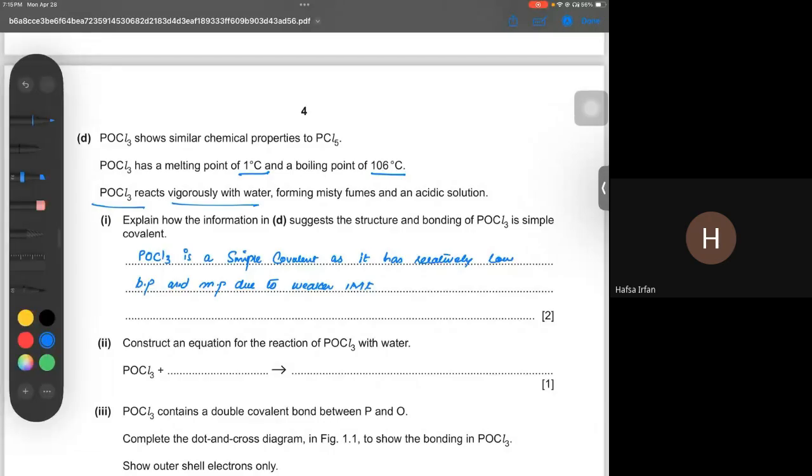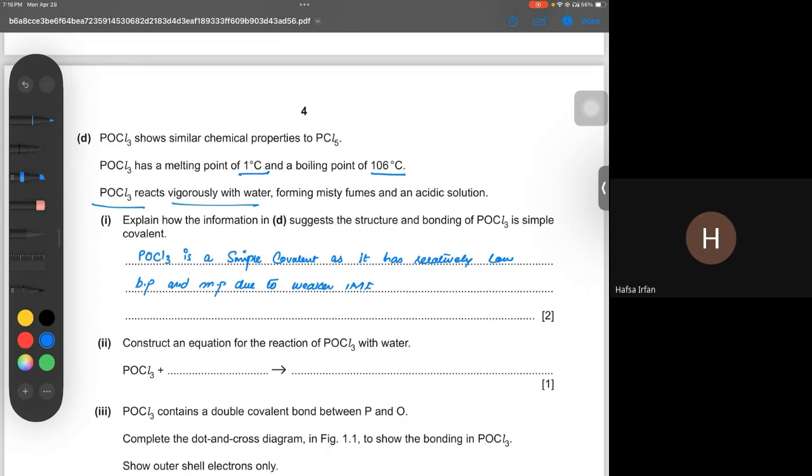Okay. And they are doing basically this reaction when they add water: POCl3 reacts vigorously with water, forming misty fumes and an acidic solution. So basically this is hydrolysis. A covalent compound does hydrolysis; an ionic compound does not. This is the concept.